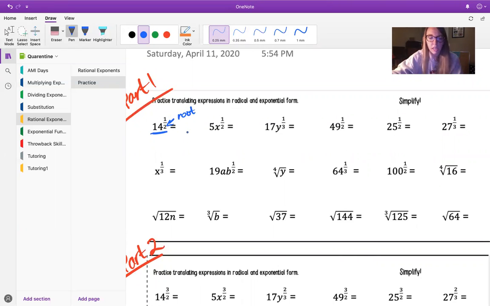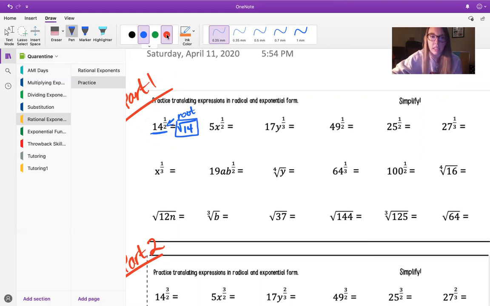Okay, so basically it's asking us to take the square root of 14, which is saying which two numbers can we multiply together to equal 14. Since there's not two numbers that we can multiply together to give us 14, then we would just leave our answer like that.